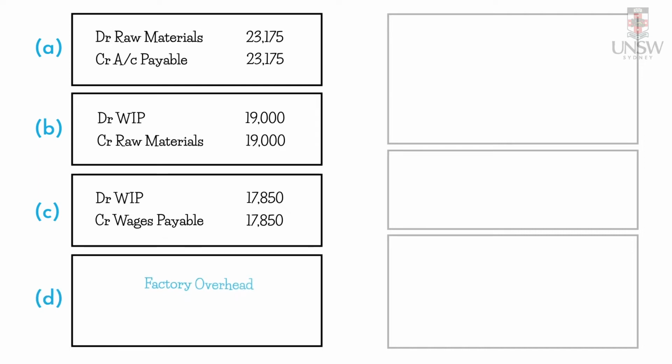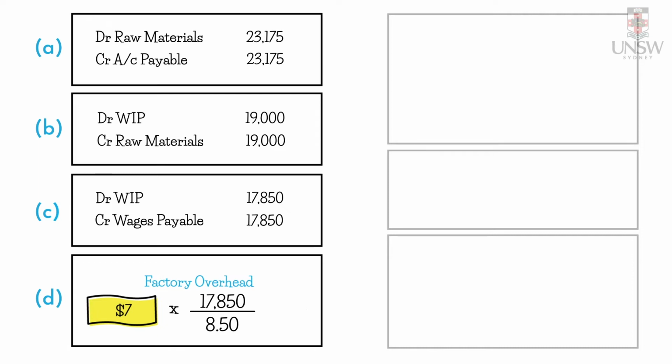Part D says that the factory overhead is charged to production at a rate of $7 per direct labour hour. That means our activity driver is direct labour hours. So we need to multiply that $7 by the number of direct labour hours. To calculate the number of direct labour hours that we've used this period, we take the amount of direct labour that we paid in the previous step, $17,850, and divide it by the average wage, which is $8.50.